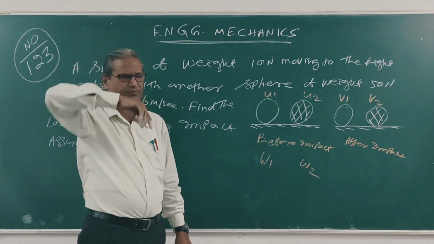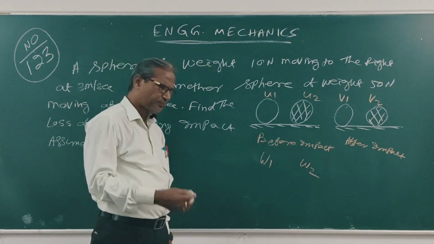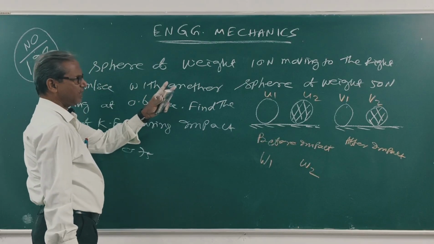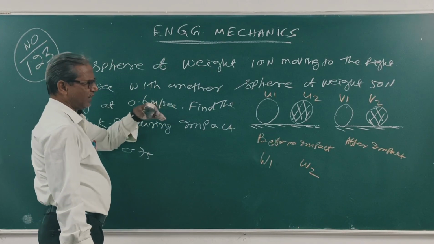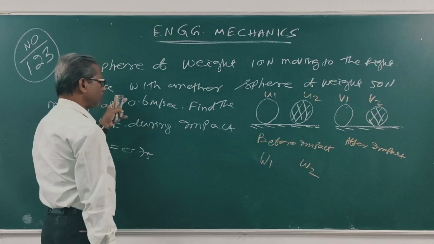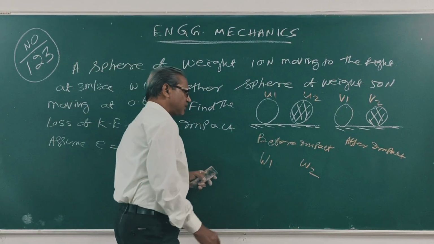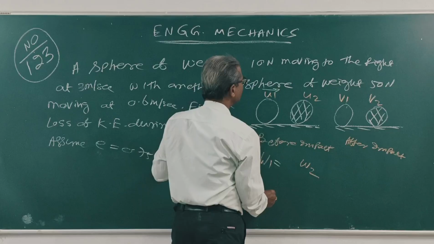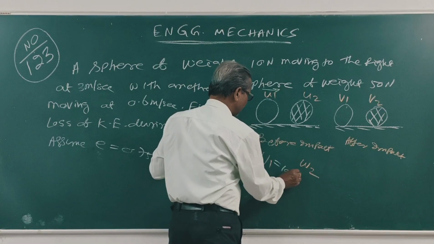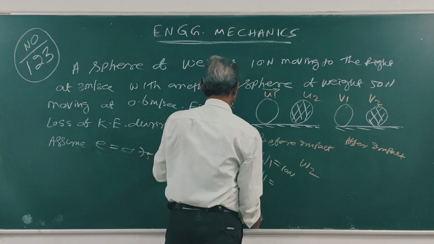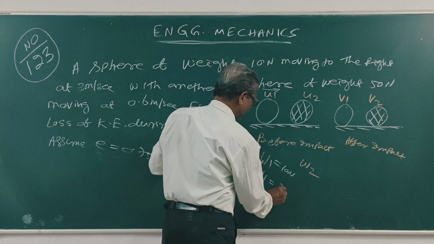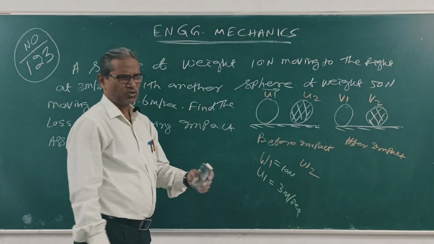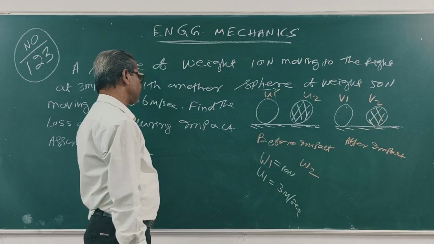The question is, a sphere of weight 10 Newton moving to right with a velocity of 3 meter per second means U1 is on the right side. For double 1 10 Newton, U1 is equal to 3 meter per second. Positive. Towards right means positive, towards left means negative.